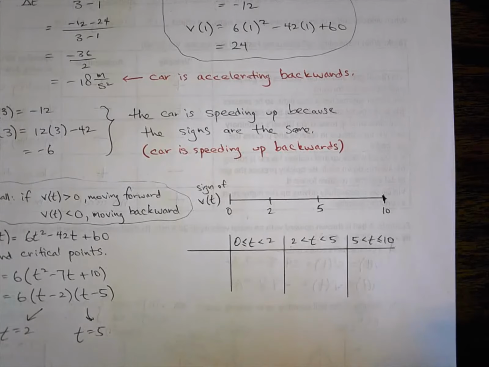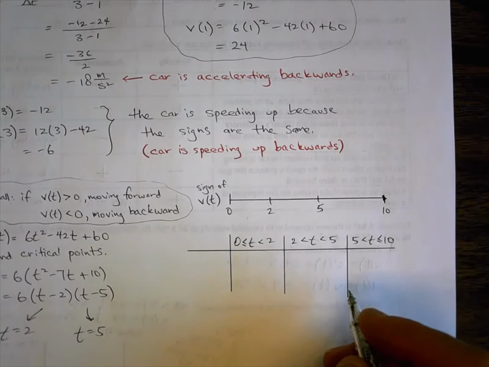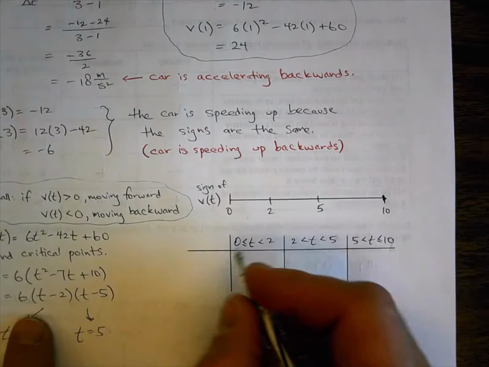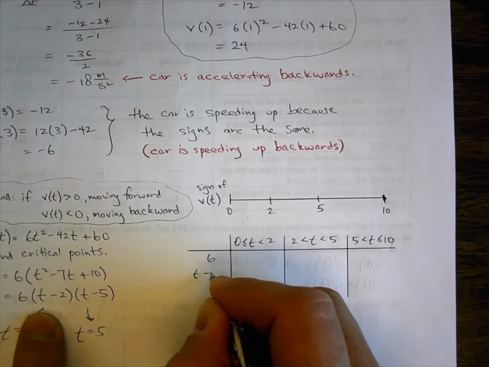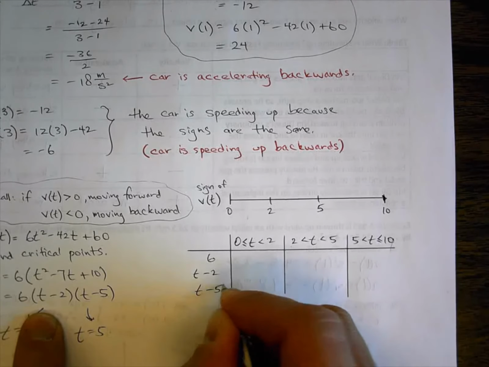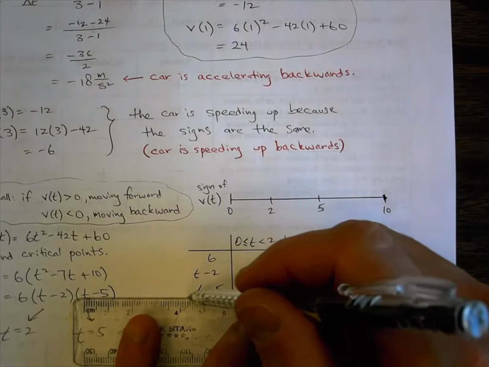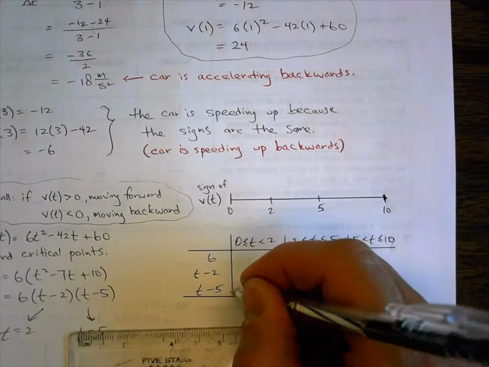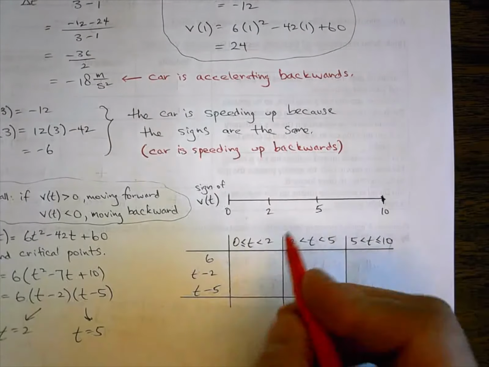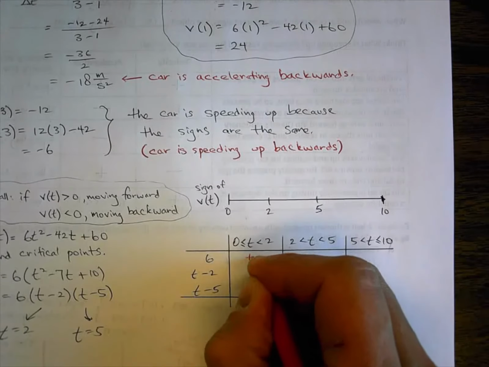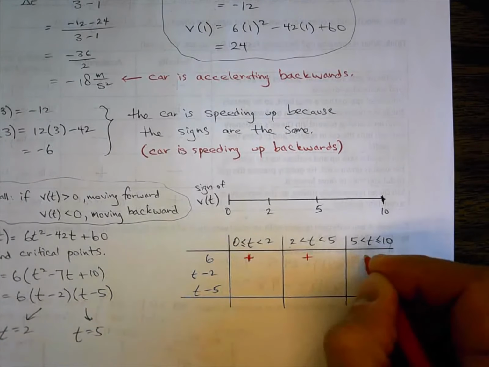Okay, and now let's write all of my different factors. So I had a 6, I had a t minus 2, I had a t minus 5. Okay, let's go through these different factors. So the number 6 is always going to be positive. The sign of that is not up for debate.